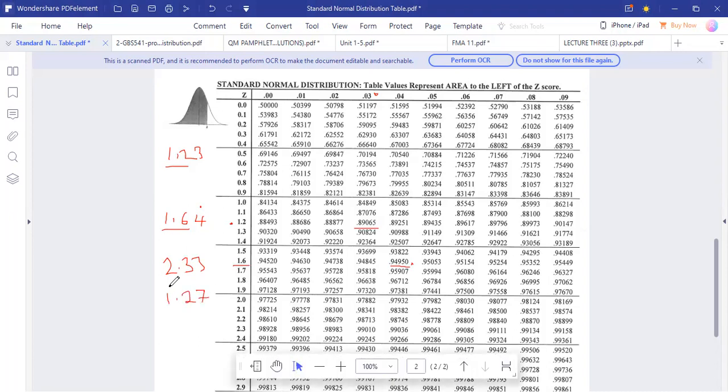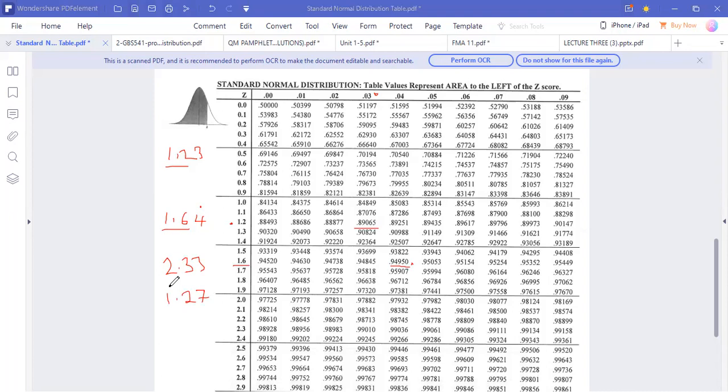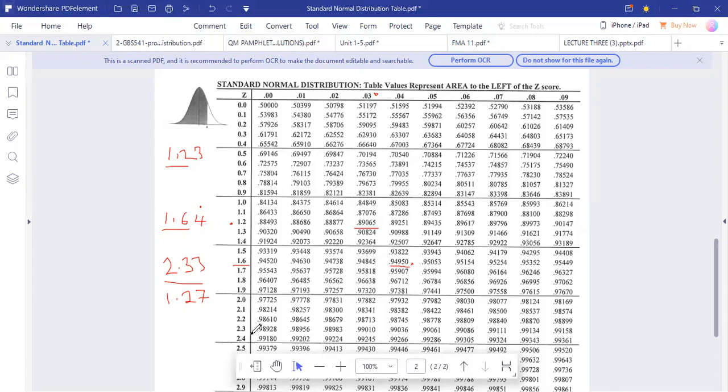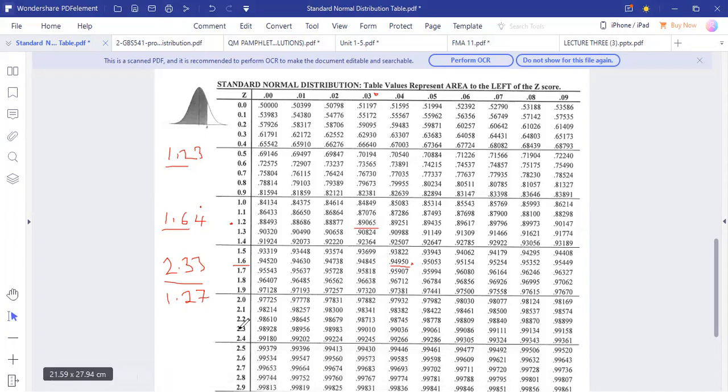Quickly. 2.33 is 0.99010, under 2.3 and 0.03. Correct. The guys, 1.27, how do you read this?